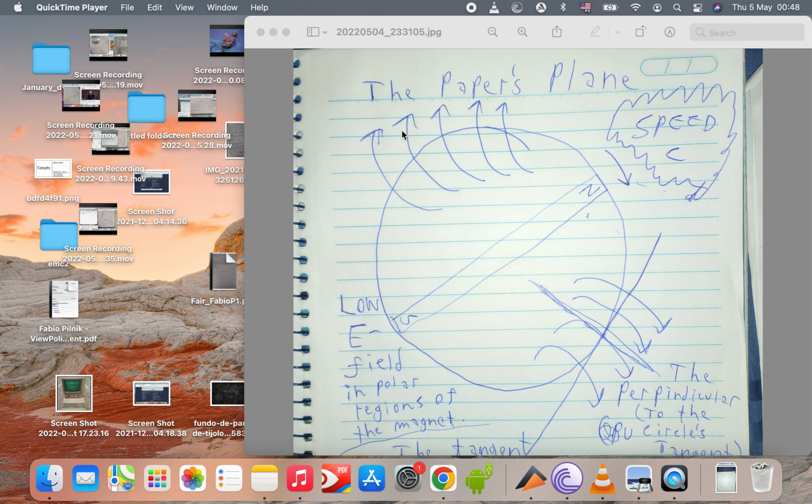We do expect the electric field to appear here, and we do expect the electric field to appear here. And so we kind of imagine it going into the page here. It could be out of the page or into the page, you know. But once we choose that this one is going into the page, well, then we have to sort of imagine it going out of the page there.